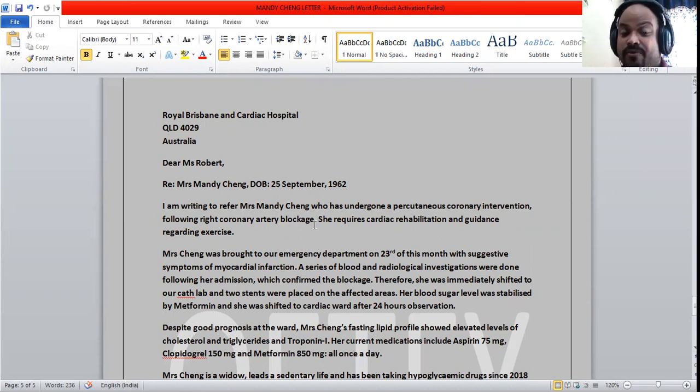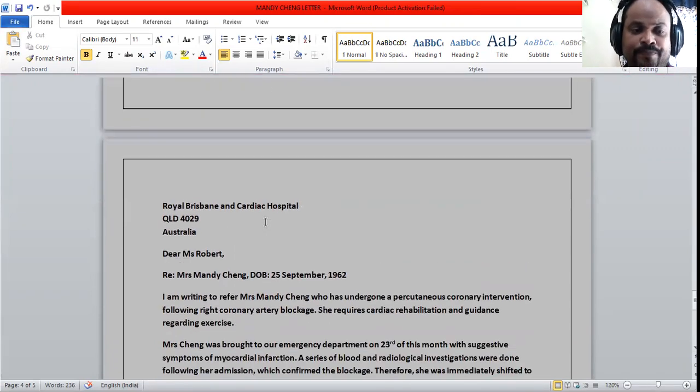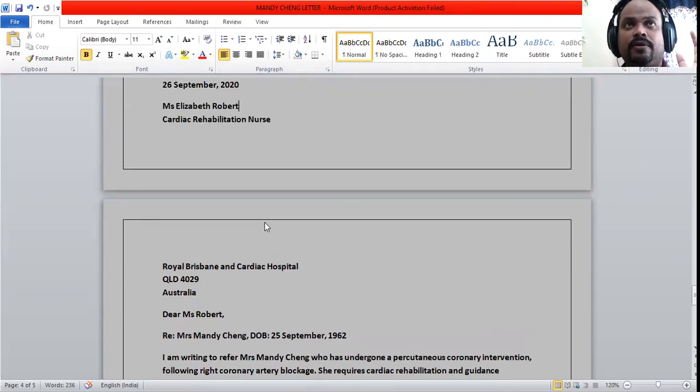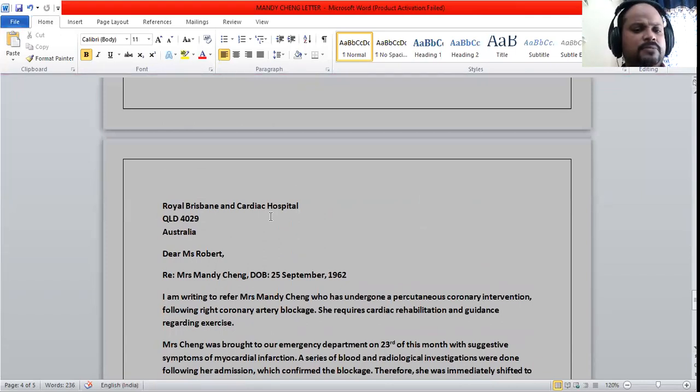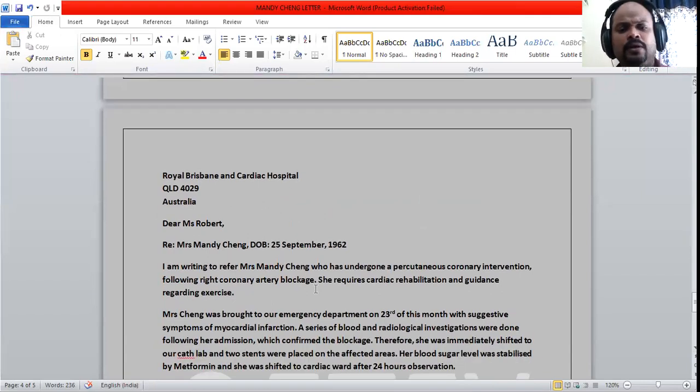She has undergone this very recently. Now you are writing on 26, so the surgery was the night of 23 or the morning of 24. So it is 2 or maximum 3 days, and the effect is still there. That's why we use this particular 'has undergone'.